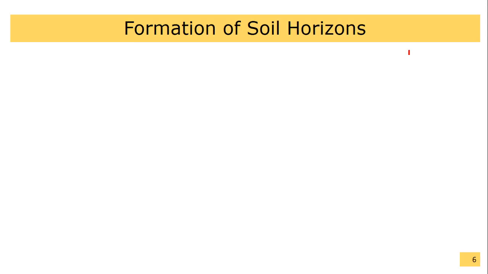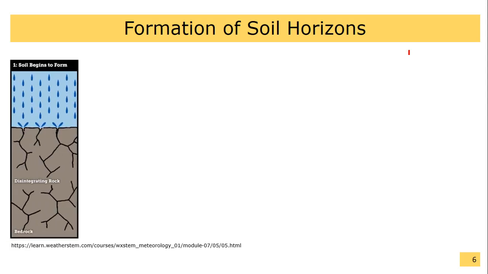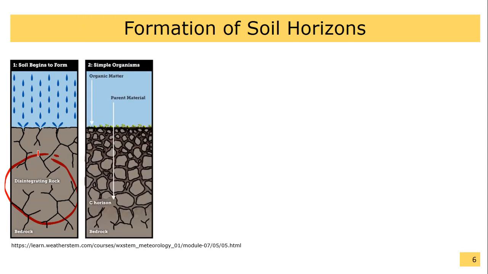Formation of soil horizons. To recap how soil and horizons are formed, weathering breaks down parent rock. Simple organisms start establishing and start making organic matter, and soil breaks the rock surface, and parent material starts forming the C horizon.